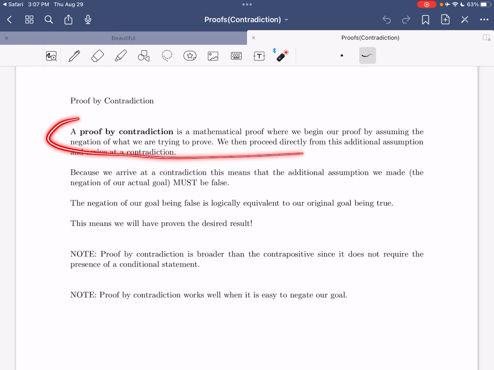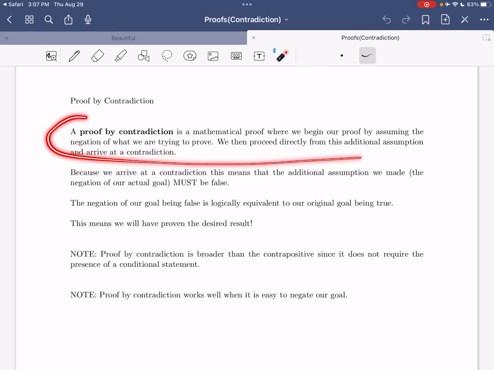So, a proof by contradiction is a mathematical proof where we begin our proof by assuming the negation of what we are trying to prove. We then proceed directly from this additional assumption and arrive at a contradiction. So before we talk about why logically this works, let's think a little bit about exactly what this process is going to be like.